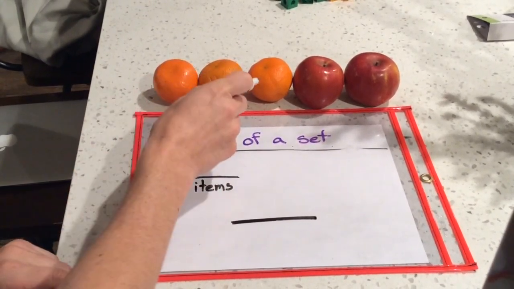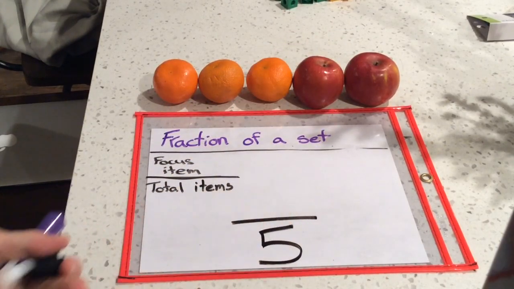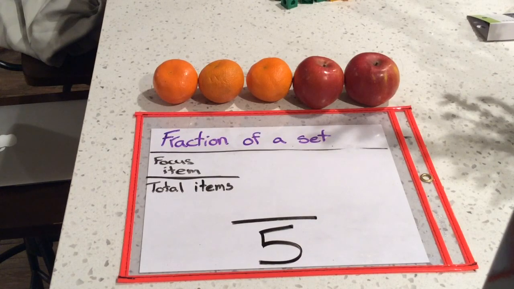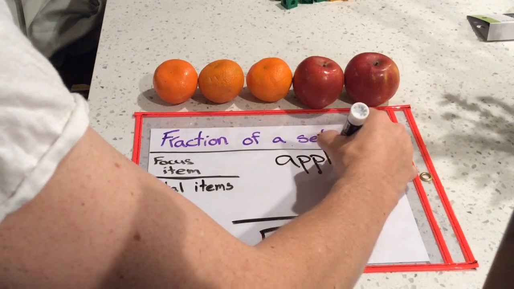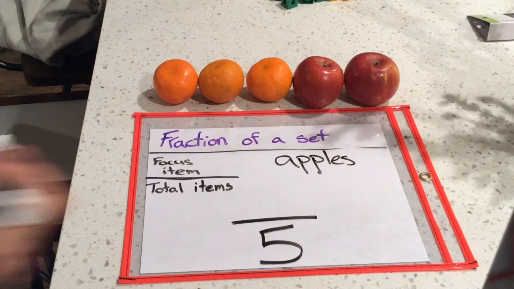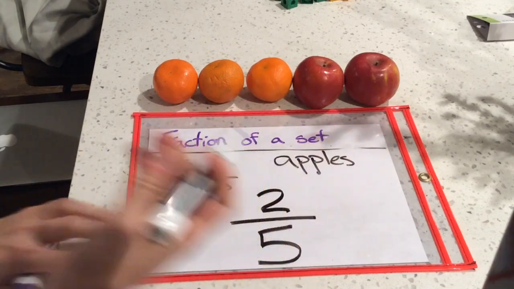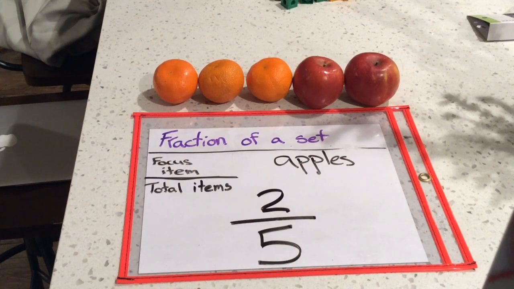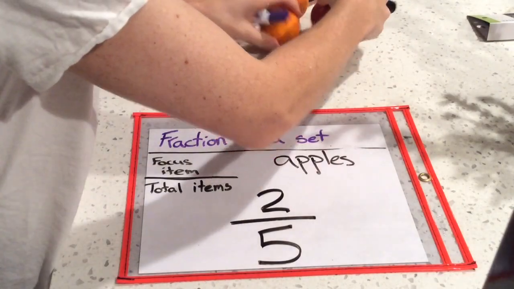I have 1, 2, 3, 4, 5. For this, I'm going to have my focus item be apples. I prefer apples over oranges. And so I'm just going to count the amount of apples. 1, 2. I could say 2/5 of my fruit options are apples. That's another idea of what you could pick. Put those off to the side.